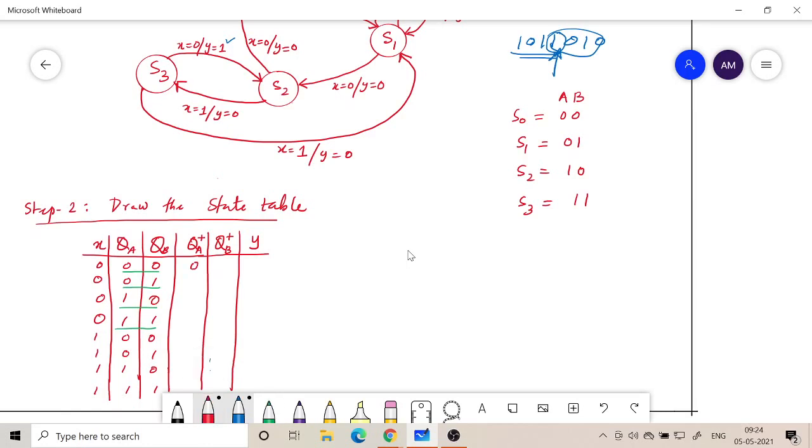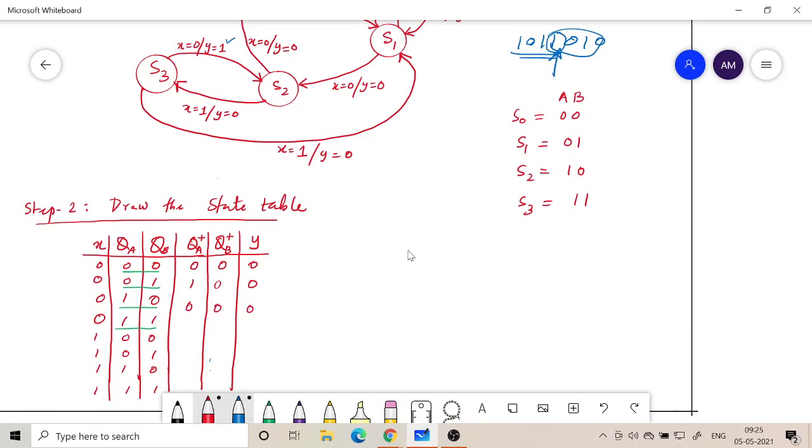I stay at 0 0 and output is going to be 0. When I am at 0 1, which is my S1, and 0 is coming, then I proceed to S3, which is 1 0, but still I have not detected the sequence. When I am at 1 0, which means S2, if 0 is coming, that means 2 consecutive zeros, I go back to 0 0, output 0.